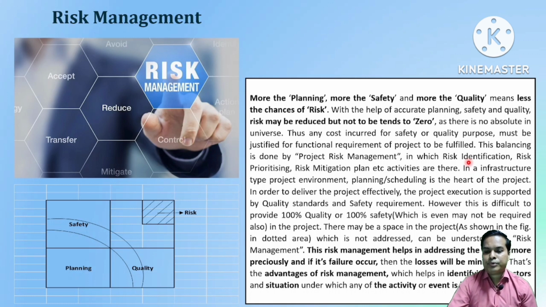In a project there are different levels: project initiation, then project planning, then project construction, then inspection and handing over, and then project closure. Suppose we do not take care of a risk that may be very small during the design or drawing-making level.